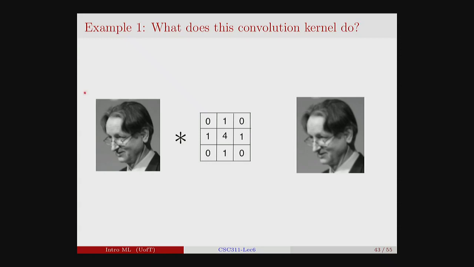But what that means is scanning this image of Jeff, and at each point in time, taking this matrix, applying the dot product of the overlapping elements, summing them up and looking at the output. So this is the output of X convolved with this matrix W. You would get this output image, and qualitatively, this is blurring the original image that you had.